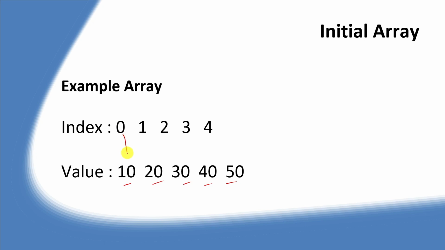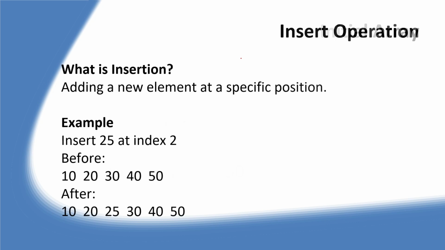At index 0, 10 is present, index 1, 20 is present, index 2, 30 is present, index 3, 40 is present, index 4, 50 is present. So let's see the different operations. First is the insert operation.